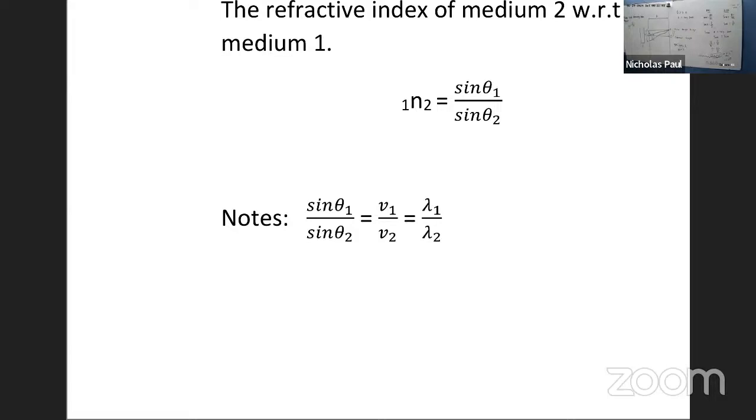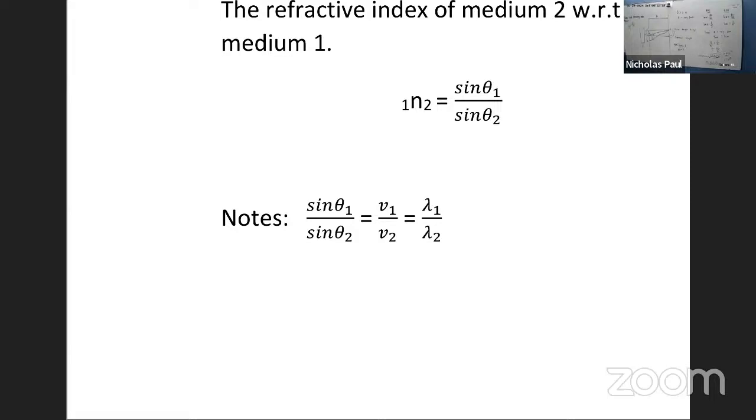Speed changes. Does the wavelength change? Yes. What stays the same? The frequency. Frequency stays the same as they go from one medium to the next.